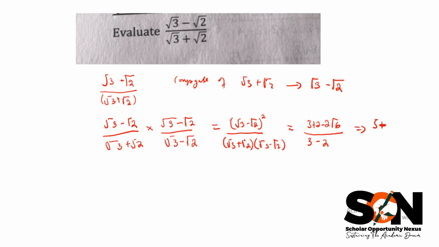This is supposed to be minus, so we get 5 minus 2 square root of 6 over 1, but you don't need to write that 1. So this is what you get for this.